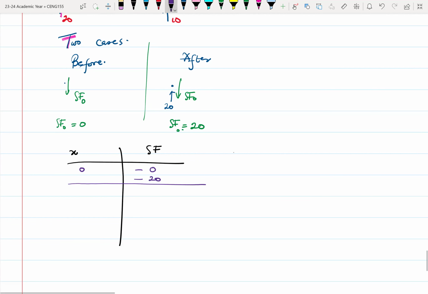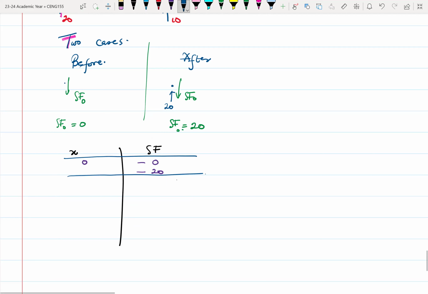Let me put a few lines in place. Okay, so let's do it this way.